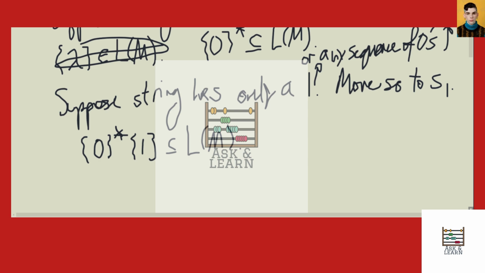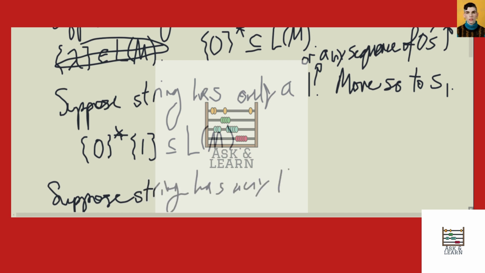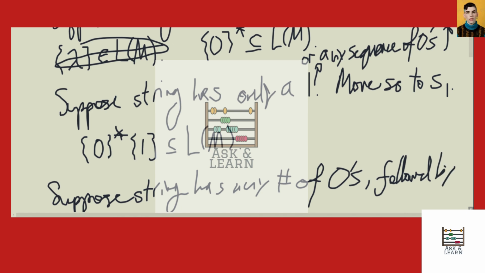Now, let's think about how we can end up at state S5. So let's suppose the string contains, first of all, any number of zeros, including no zeros, followed by, to get to S5, a 1.